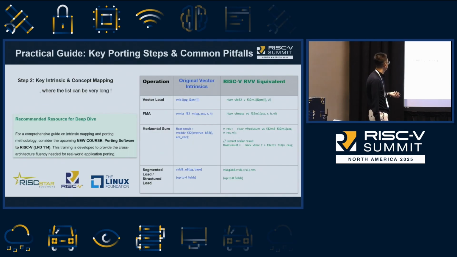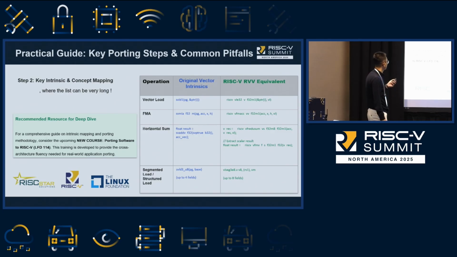Then the second step will be a little easier, but you still need to be careful when moving the original vector intrinsics to the RVV equivalent. There are a lot of instructions here, so people should be very careful.